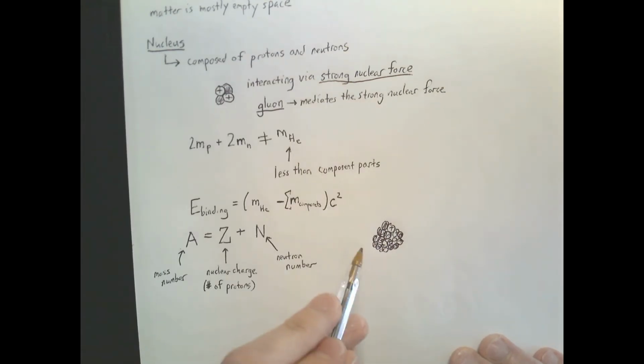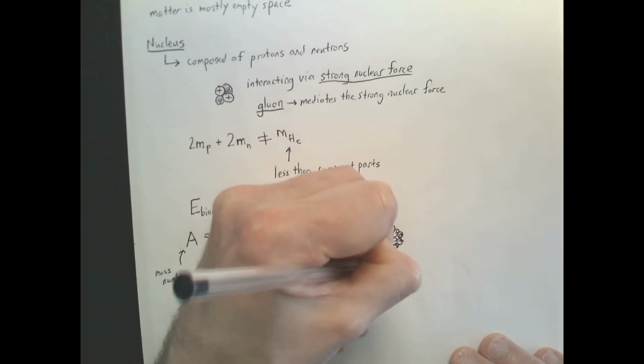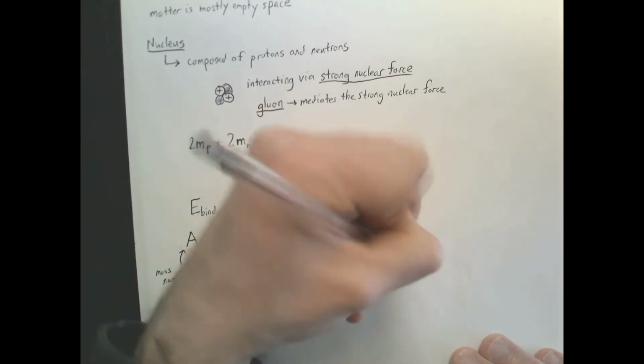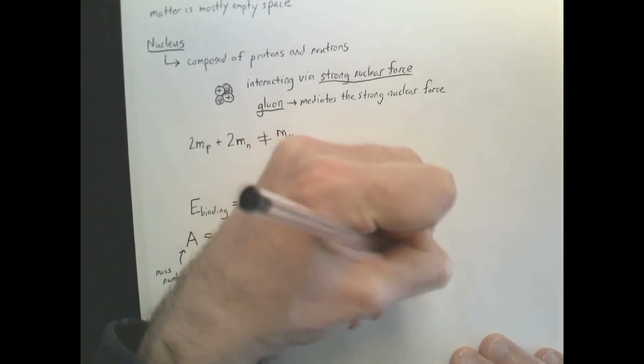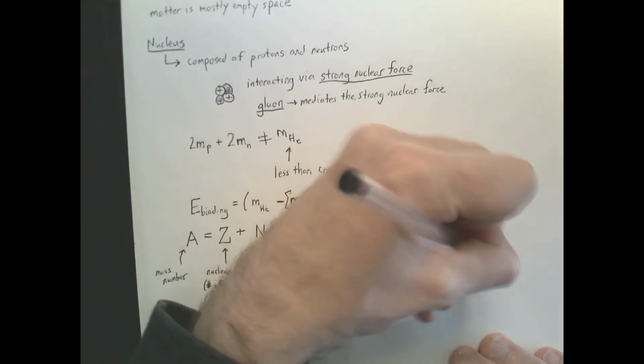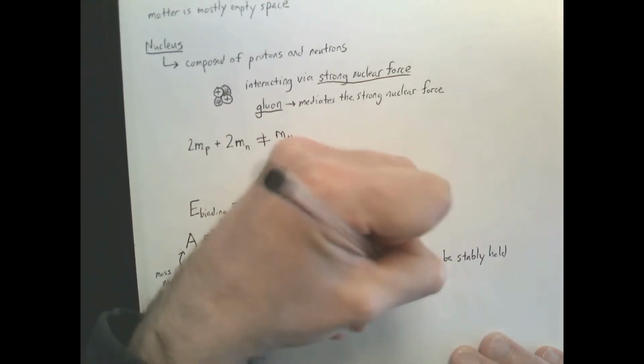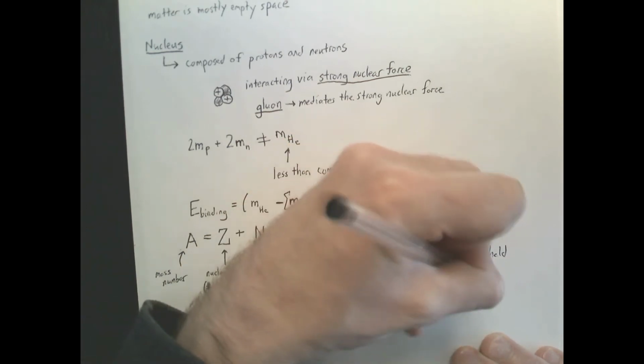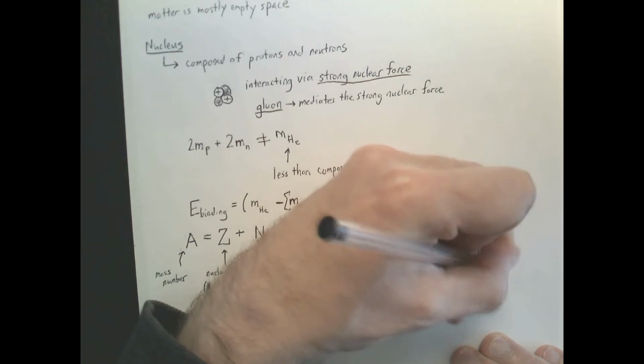Eventually it gets so unwieldy that not even the neutrons can hold it all together. There's not enough glue to hold it together and it collapses. Too big to be stably held together, and we get collapse or decay of the nucleus.